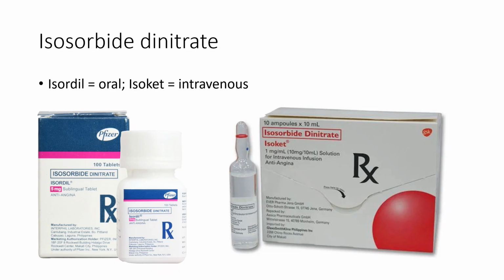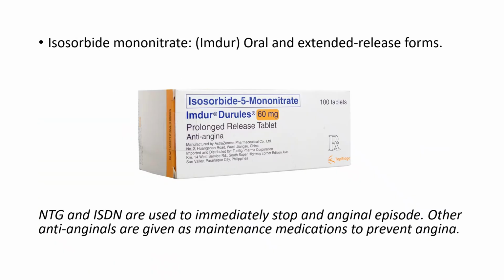To easily remember this, isosorbide dinitrate in oral form is known as Isordil, while the intravenous form is branded under the name Isoket. We also have isosorbide mononitrate under the brand name Imdur. These are available in oral and extended release forms.